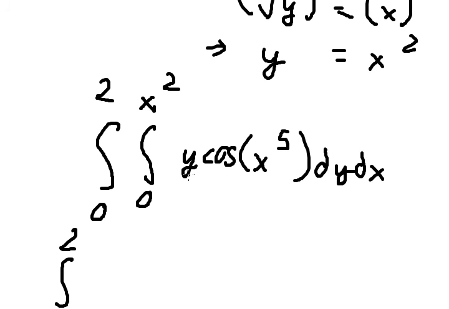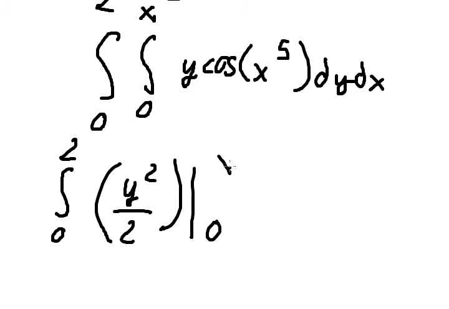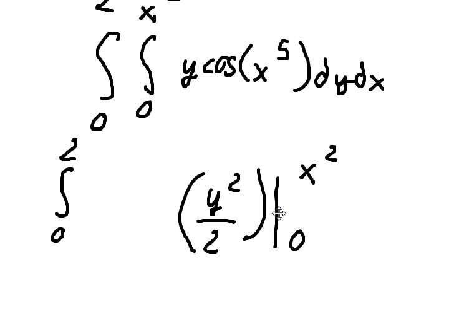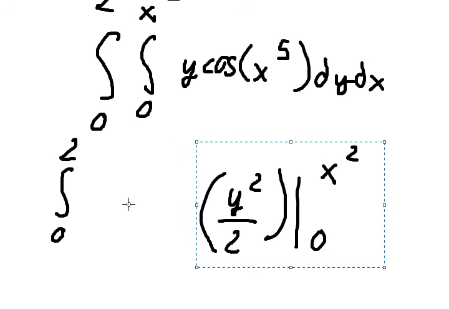The integration of y, we have y squared over 2. And we put the bounds from 0 to x squared. So I will put this one in here, and cosine x to the power of 5, I will write in here.